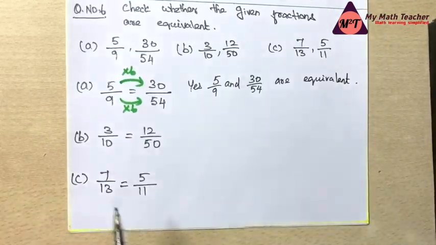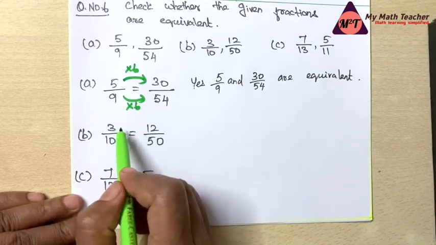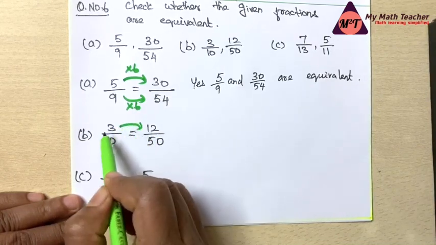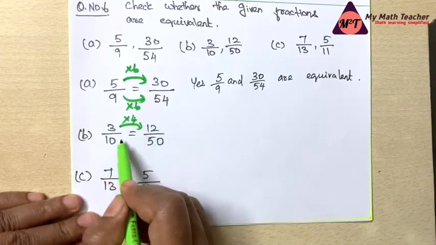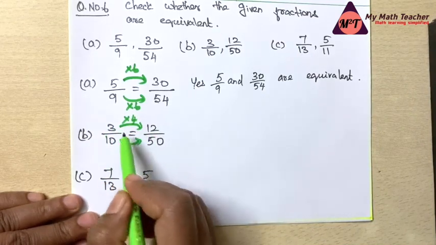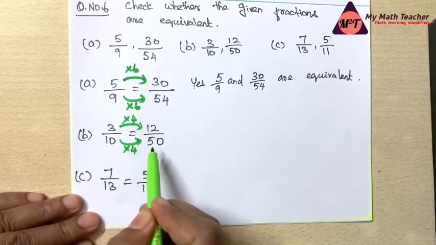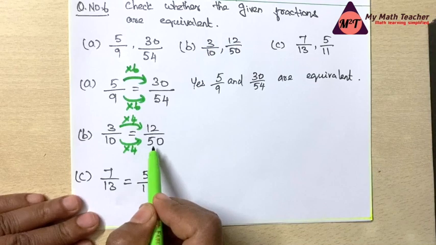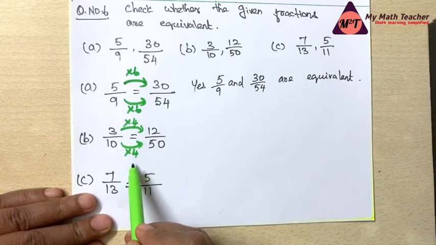The second one, 3 by 10, which is equal to 12 by 50. We know that from 3 to 12 we have to multiply by 4. 3 4s are 12. The same number we have to multiply by 4 here. We know that 10 into 4 will be 40. Here it is given as 50. We know that the same number we have to use for the denominator as well.